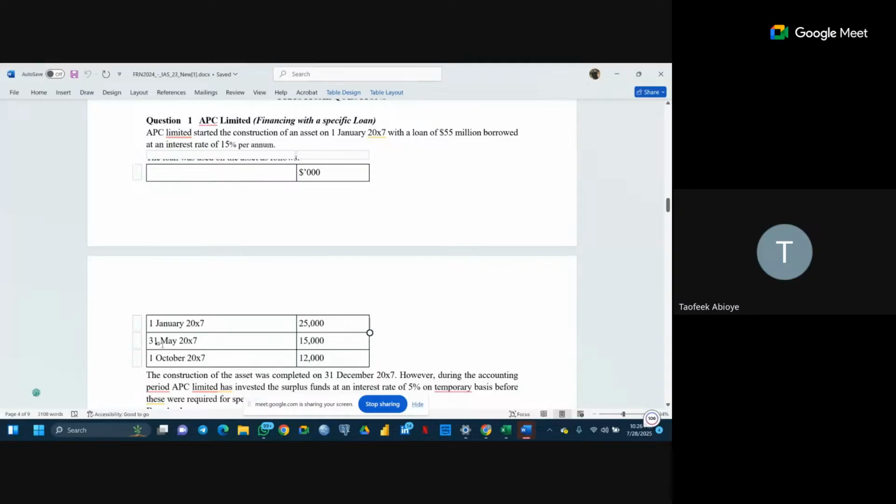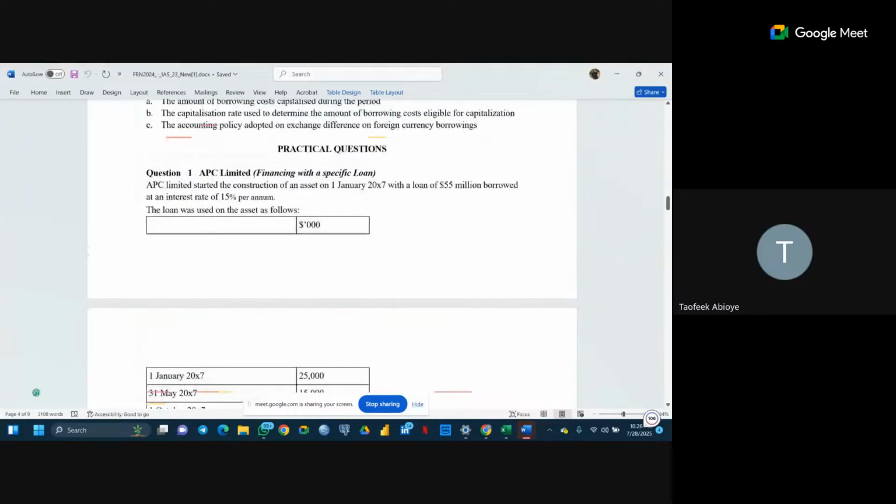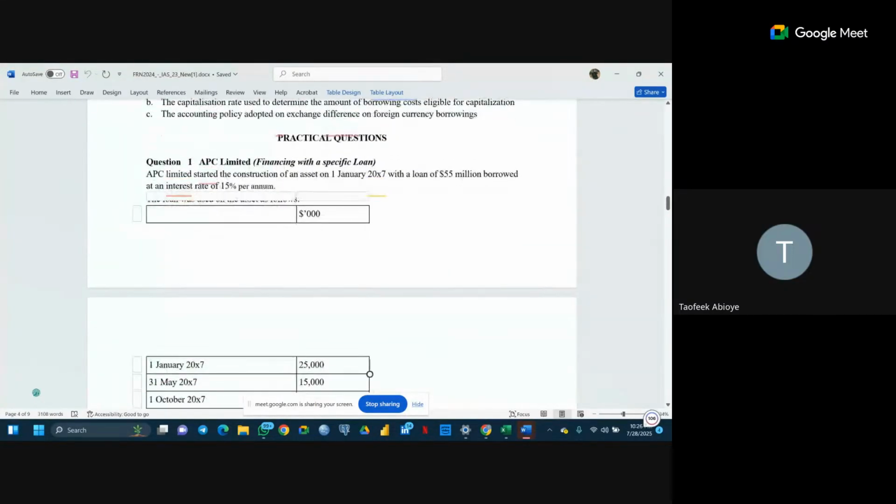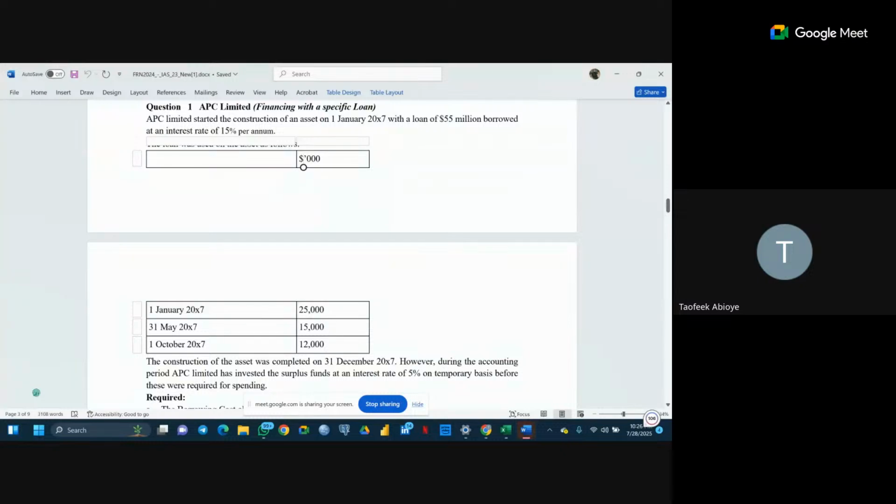This is the question here. This is it here, 31st May. We are told that the loan was used as follows. On 1st of January, 25 million was withdrawn. 31st May, 15 million was withdrawn. And 1st of October, 12 million was withdrawn. So, as at 1st of January, when we withdraw this 25 million, we have our balance to be 30 million.